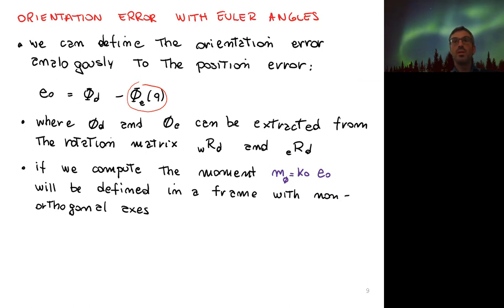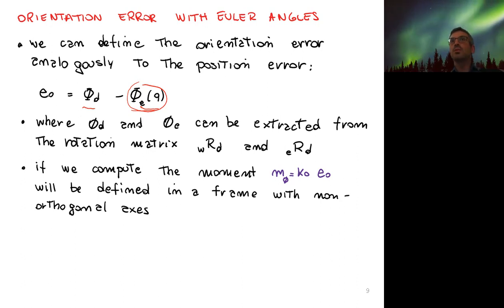So in this case, if we compute, for example, the stiffness moment the same way as before, the resulting moment will be defined in a frame that has non-orthogonal axes, because we know that Euler angles are subsequent rotations, and therefore are not part of a vector space. So we need to be very careful.